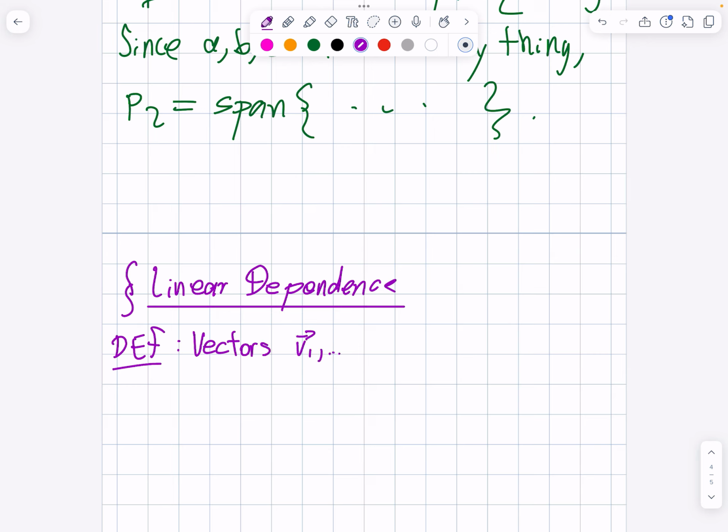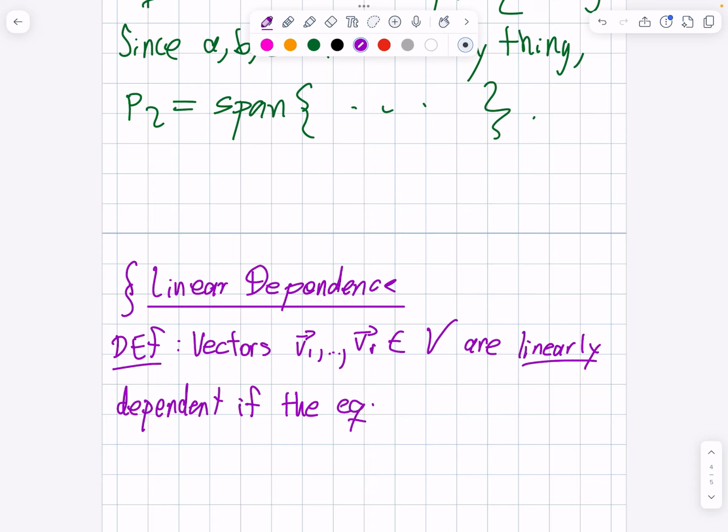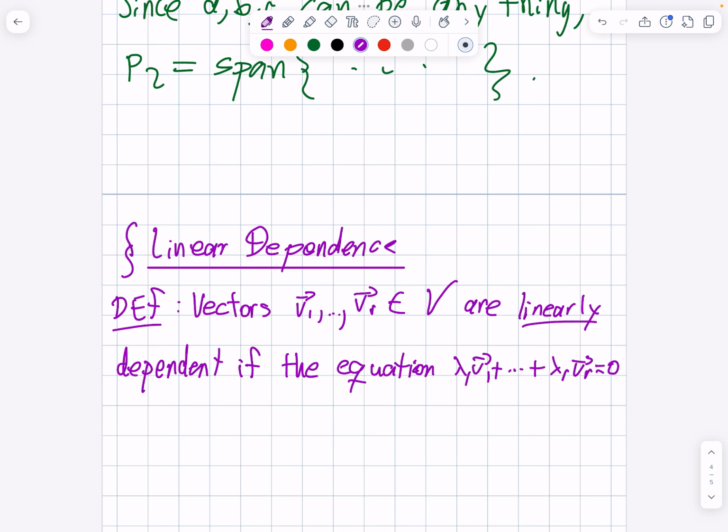Vectors v1 up to vr in some vector space V are linearly independent if the equation lambda 1 v1 plus dot dot dot plus lambda r vr equals 0 admits a unique solution.